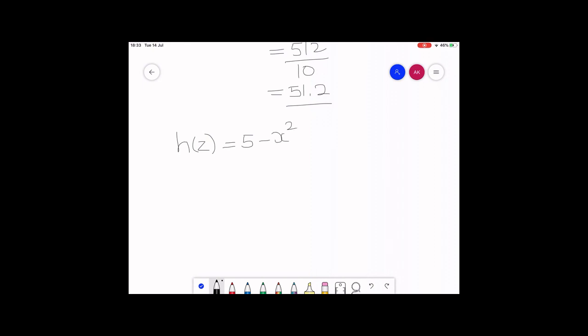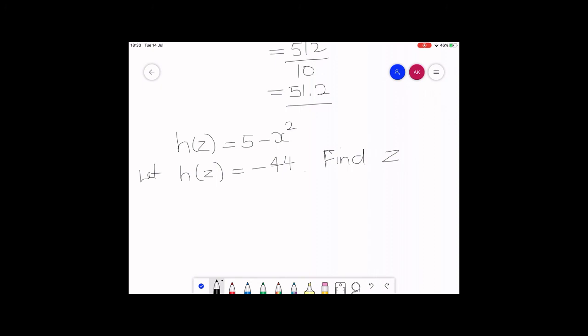So if I am told that h of z is equal to minus 44, the question is to find z. We are to find z.